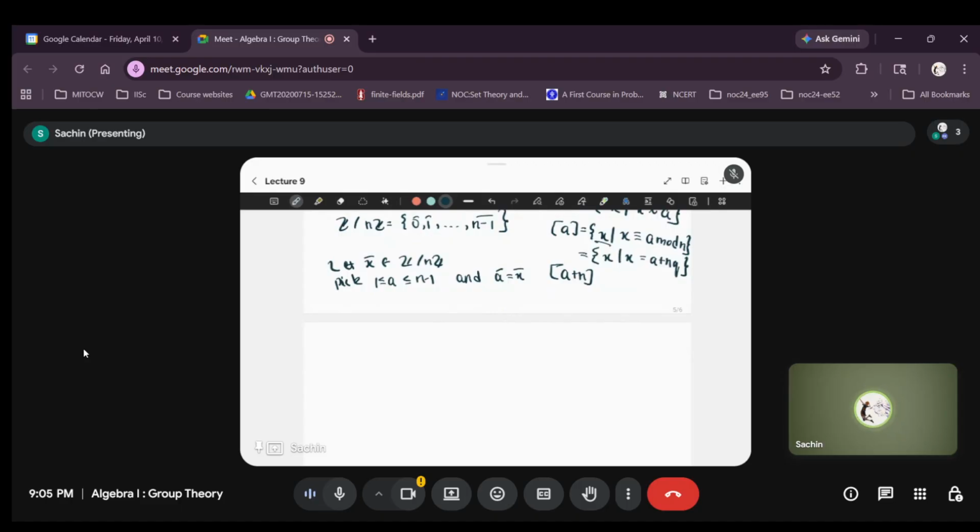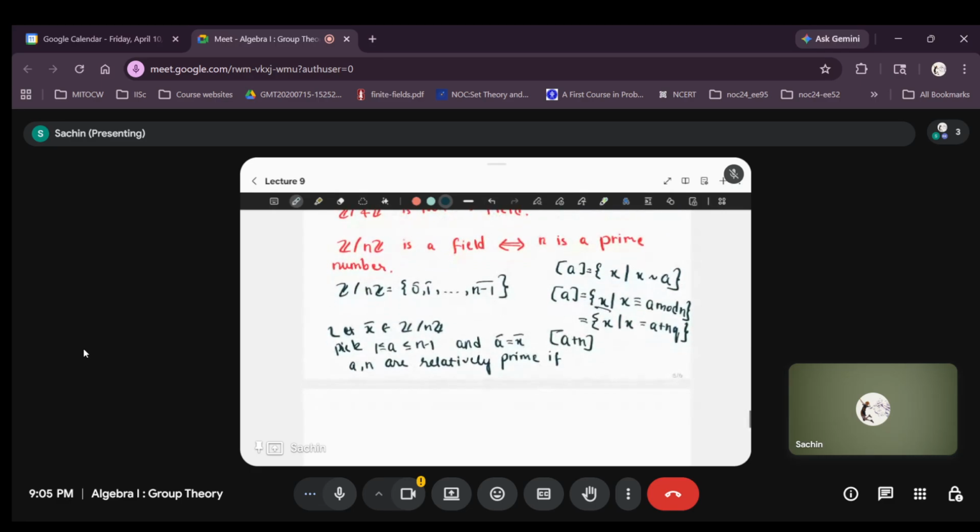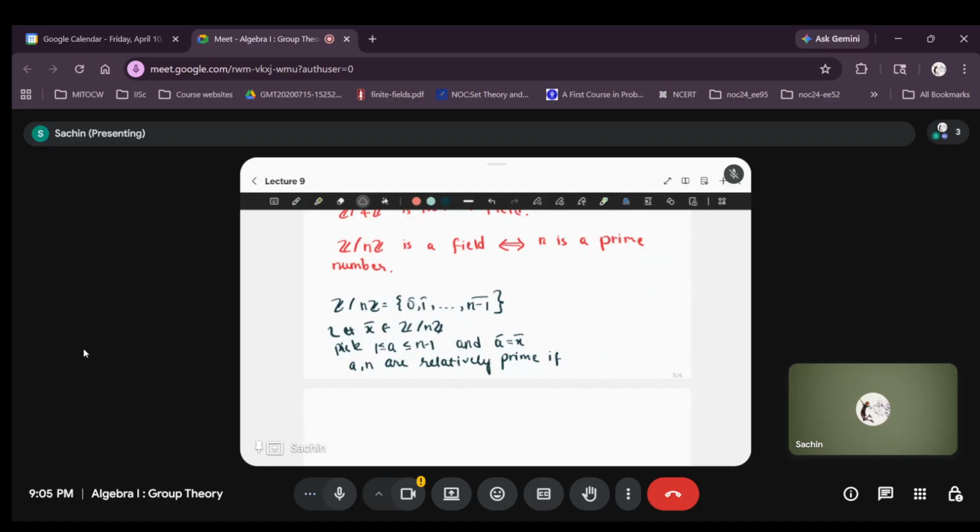Or if it is greater than 1, a and n are relatively prime. Here we are showing this if n is prime.